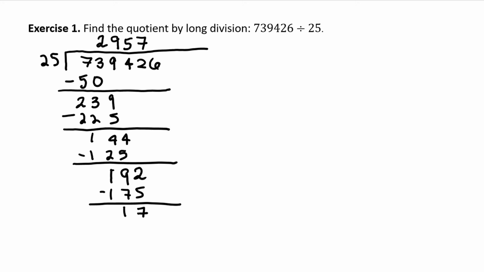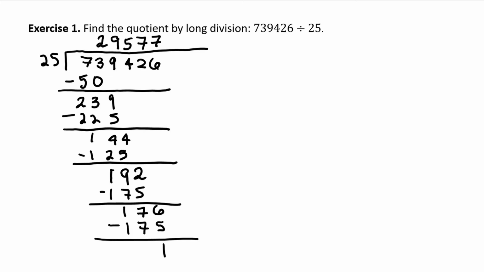Let's bring down the last number we have, that's 6, and we'll do 7. That's the number of times 25 will go into 176. That turns out to be 175. That's 7 times 25, so the difference is 1. So now you know how to do long division, or we refreshed on how to do long division.